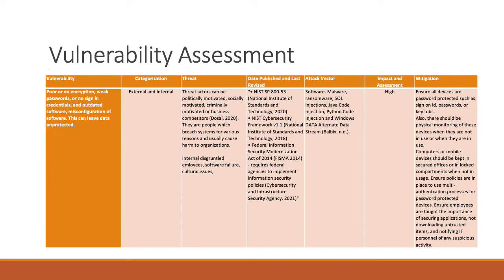People can breach systems for various reasons, and usually will use these vulnerabilities to break into systems and infiltrate potential attacks. Another example of a threat could be an internal insider, which can be a disgruntled employee. And this can be characterized as external and internal threats.